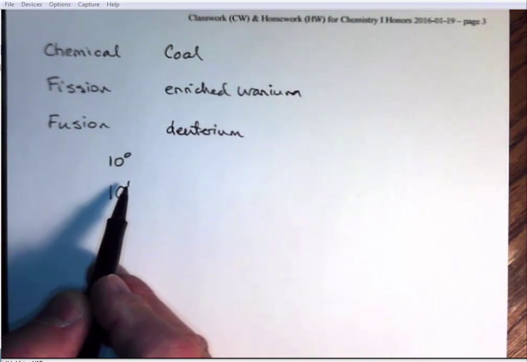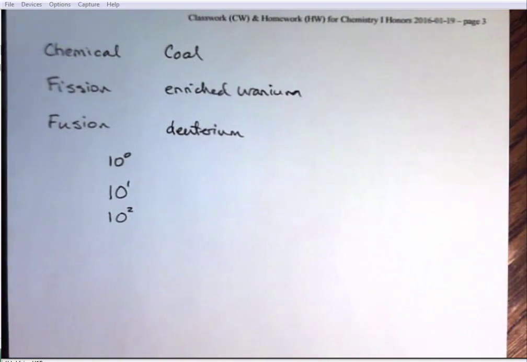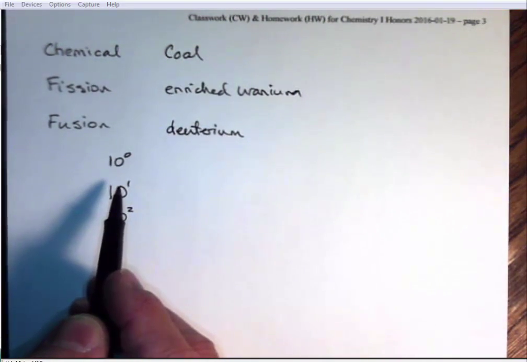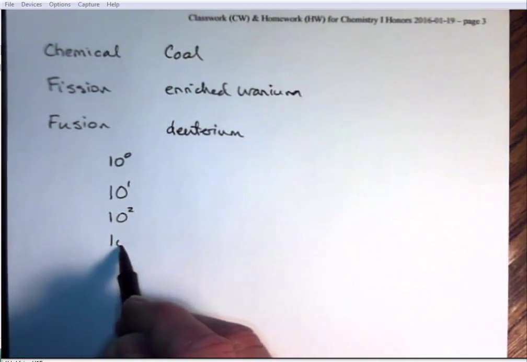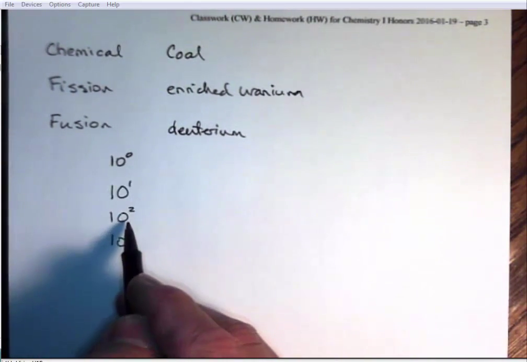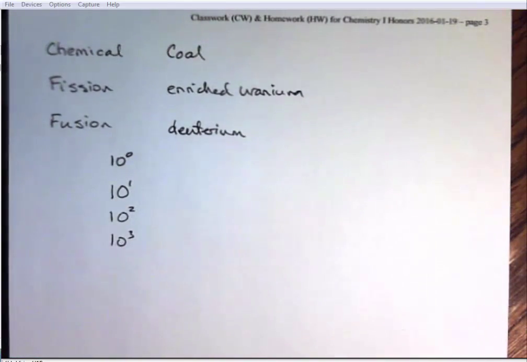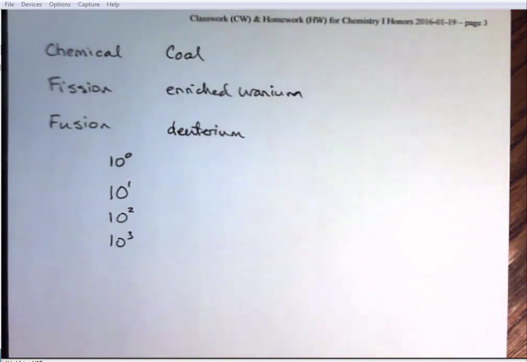And so 10 to the second, which is 100, is 2 orders of magnitude larger than 1, and 1 order of magnitude larger than 10. And then 10 to the third, that's 1,000, 3 orders of magnitude larger than 1. We're talking about like 5 orders of magnitude between coal and uranium, the difference in the amount of energy you can get out of the same amount of fuel.